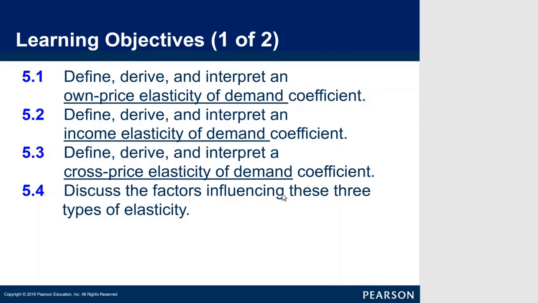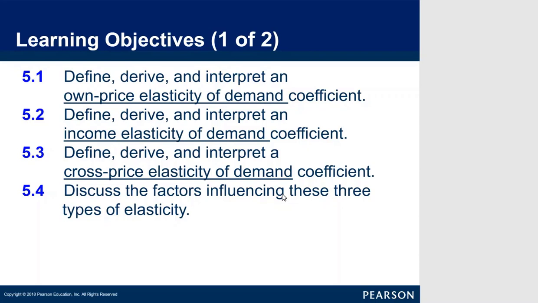We're going to talk about own price elasticity of demand. We do have a coefficient for that. We're also going to take a look at what's called income elasticity of demand, which has to do with a change in individuals' income and how it impacts the quantity of a product that's going to be demanded.